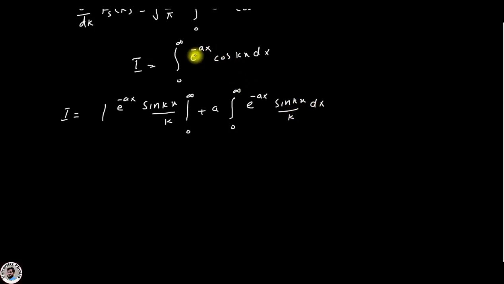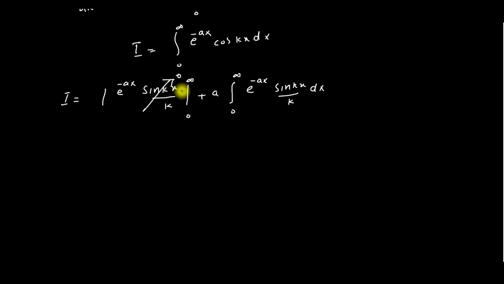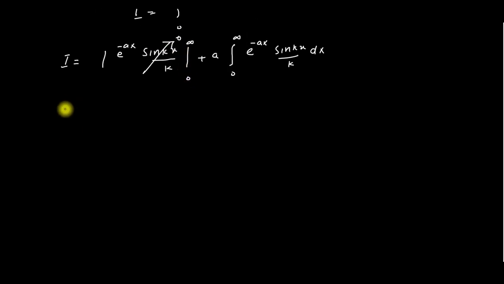When I integrate this by using the product rule, we will get this one. Now when I put the lower and upper limits here, this term will become equal to 0. So we will get I is equal to a integration from 0 to infinity e to the power minus ax sin kx divided by k dx.